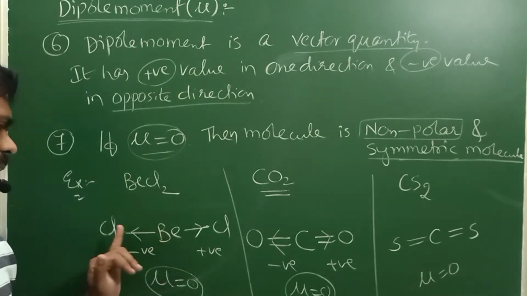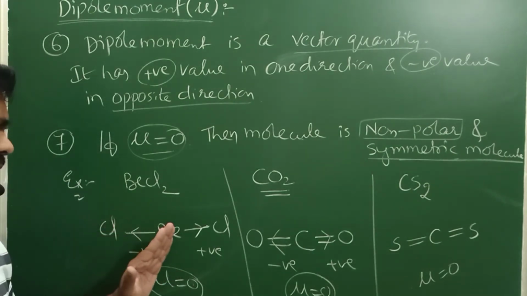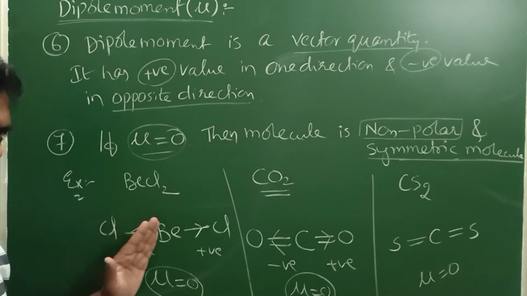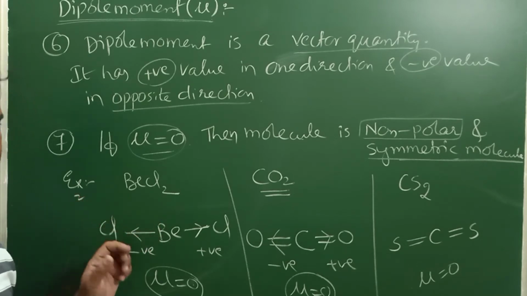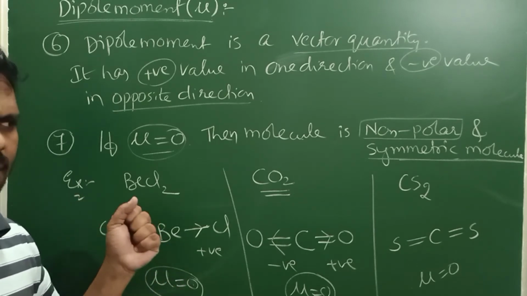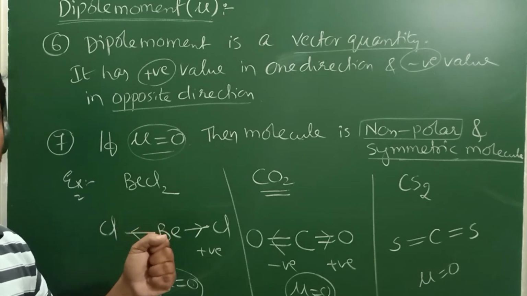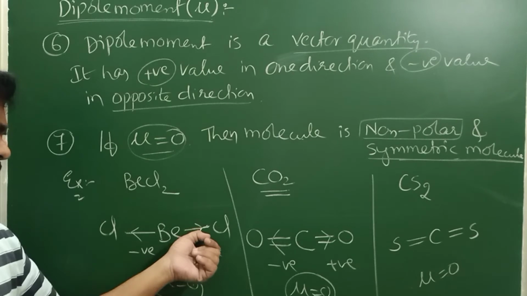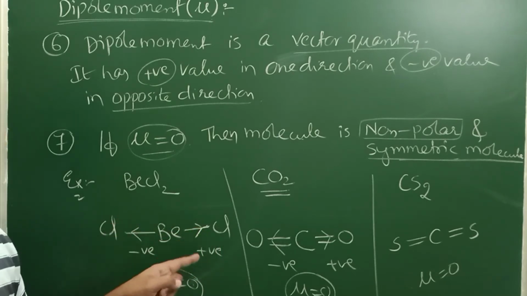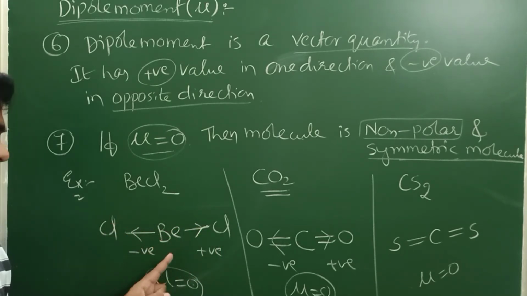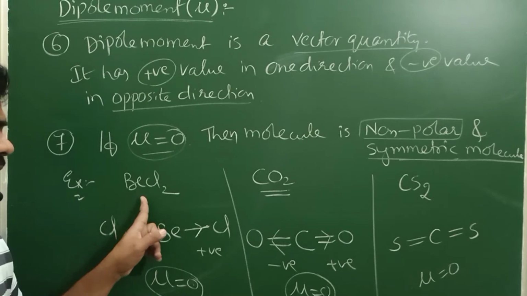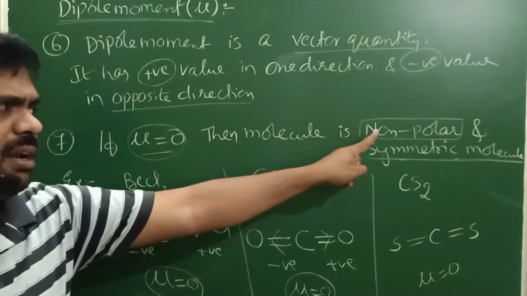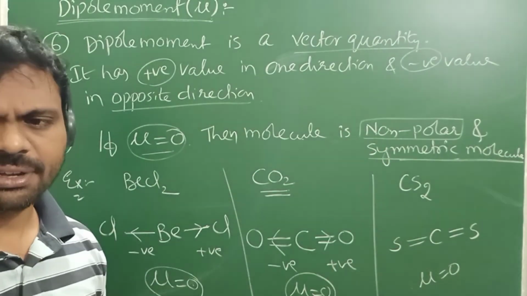And again, beryllium and chlorine: chlorine has more, therefore the bond moment is going towards the chlorine side. Bond moments simply mean the shared pair of electrons moving towards the more electronegative atom. So this one is positive, and this one is negative. The sum of the total bond moments, the dipole moment for BeCl2, is equal to 0. When dipole moment is 0, this beryllium chloride molecule is non-polar and symmetric.